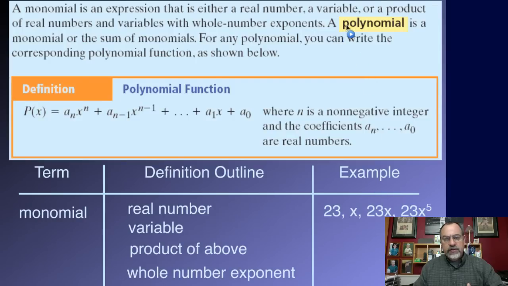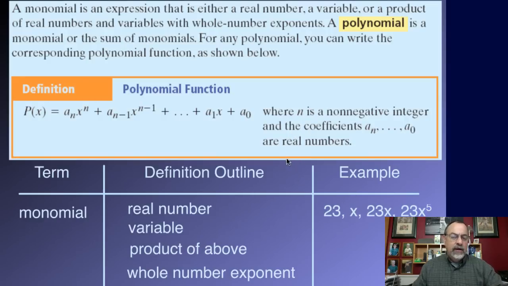Now, the paragraph also talks about what a polynomial is. A polynomial, poly meaning many, so many nomials. So this polynomial would be, as it says here, just one monomial by itself, so it could also be called a polynomial, or the sum of some monomials. So when you start adding these different terms together, you have what we call a polynomial, because you have many monomials put together.